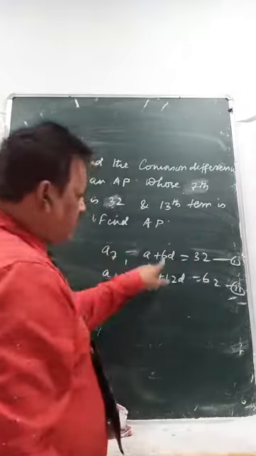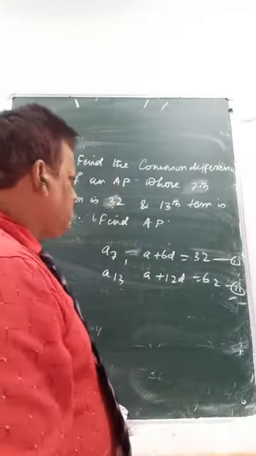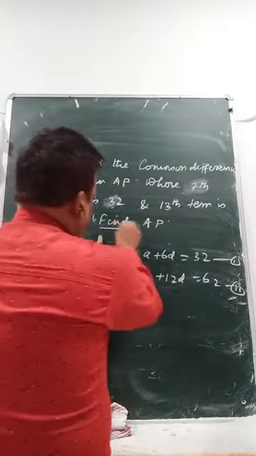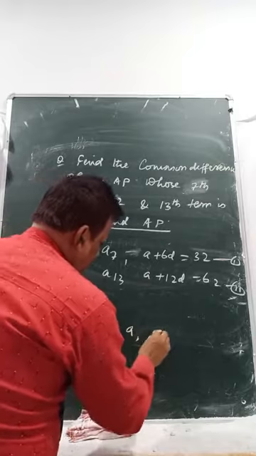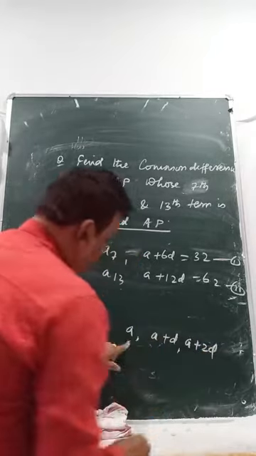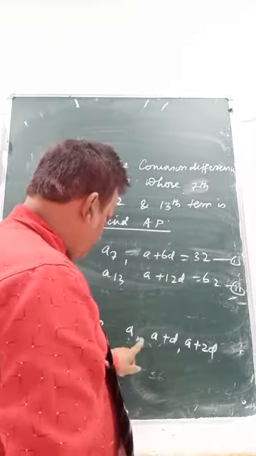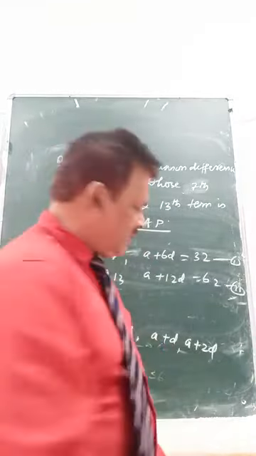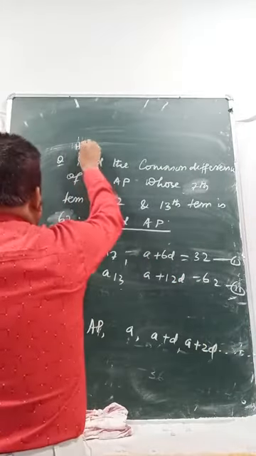You have to solve these two to find A and D. After finding A and D, find the AP. Find the AP means you have to write A, A plus D, A plus 2D. At least 3 terms you find. Means find A and D from here, put here. So you will get the series like this. So this is homework for you.